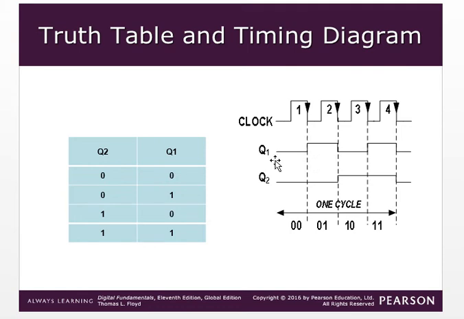Toggle mode means 0 becomes 1 or 1 becomes 0. Since initially it is 0, it goes to 1. Now the second clock pulse comes, again toggle mode. The third clock pulse, again toggle, and the fourth clock pulse, again toggle.